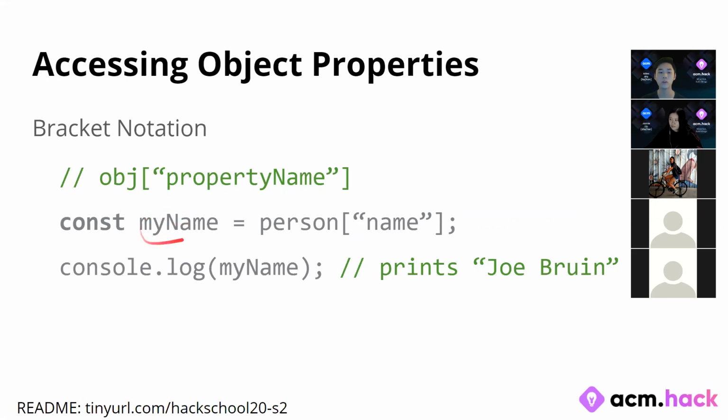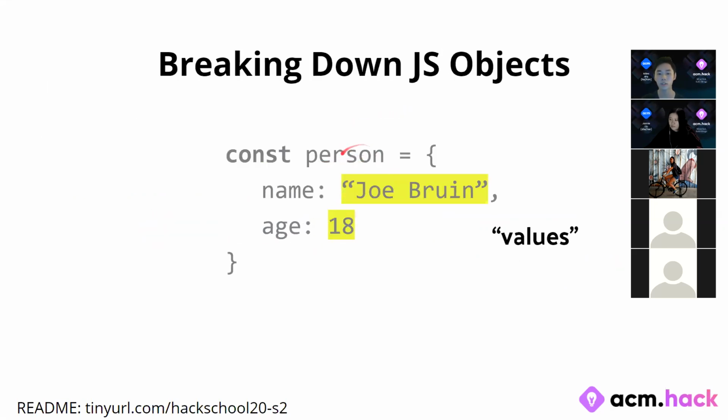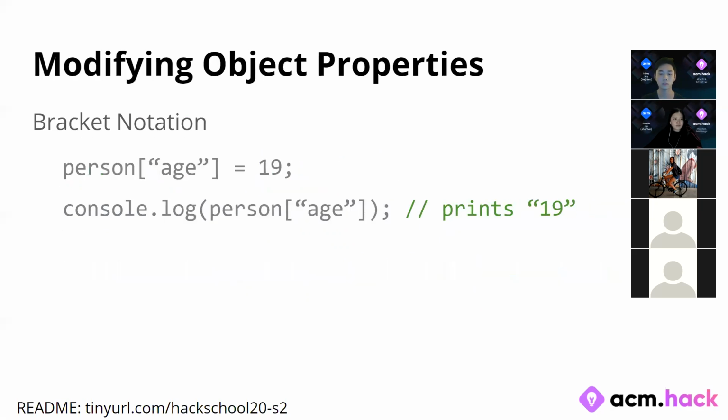If I wanted to reassign person, it would not work, because you can't change the variable person, but you can change the properties inside of the object. Any other questions? Okay, let's move on.